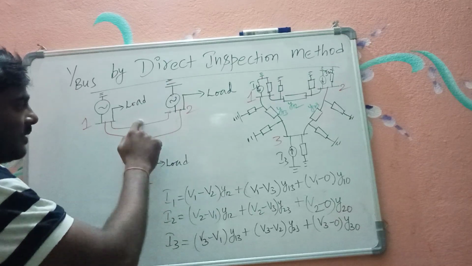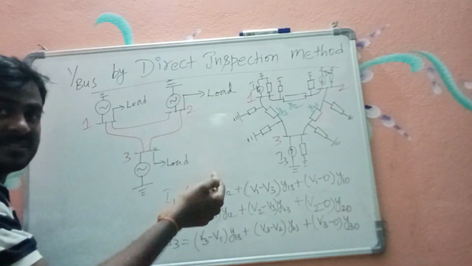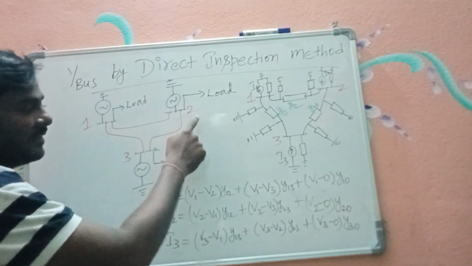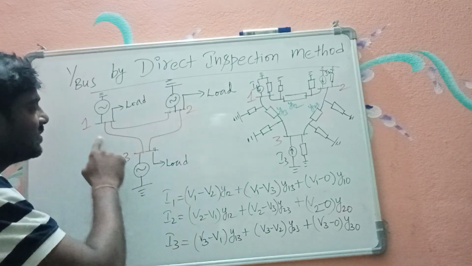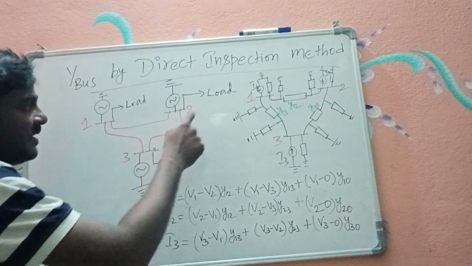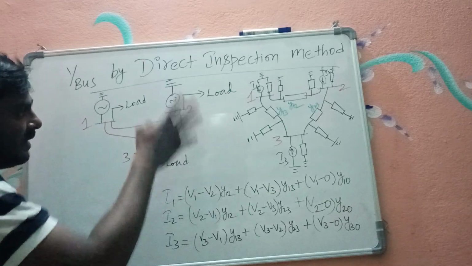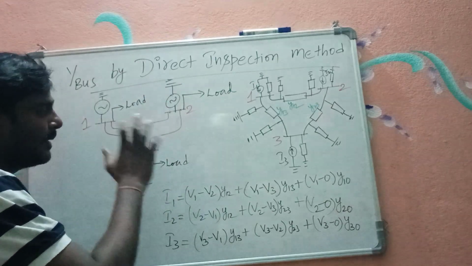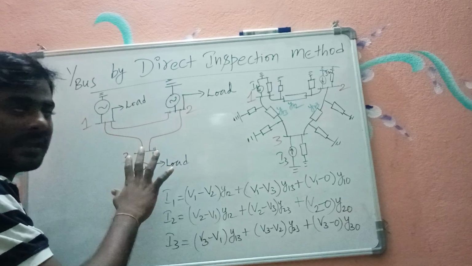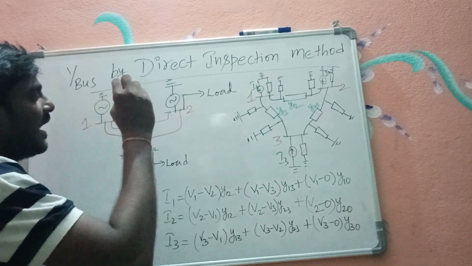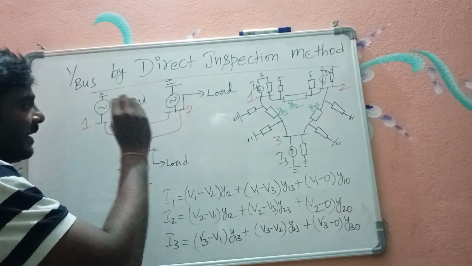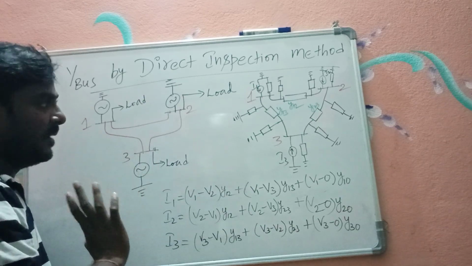And these are the transmission lines connected between the first bus and second bus, first bus and third bus, and similarly from second bus to third bus. So in this power system network, I represented some transmission lines, generators as well as the loads that are connected at each and every bus.